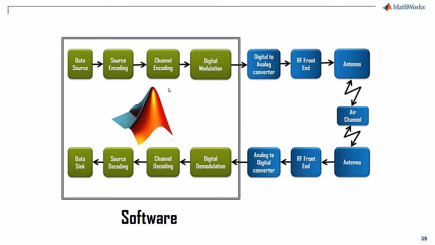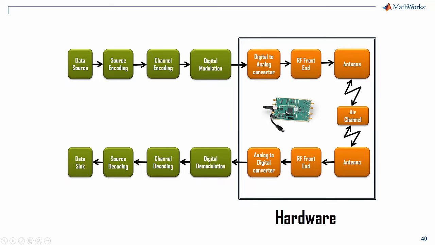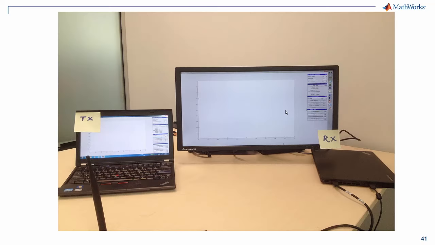Whatever is happening later at the receiver, that's the digital demodulation, channel decoding, source decoding, and so on, will happen in the software as well. Whatever is remaining out of this box will happen on the hardware. That's the USRP board. So again, that's my setup.